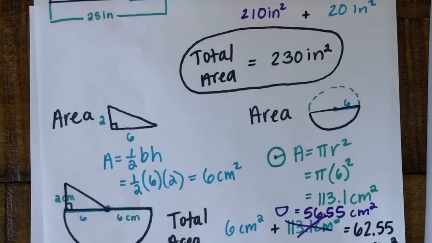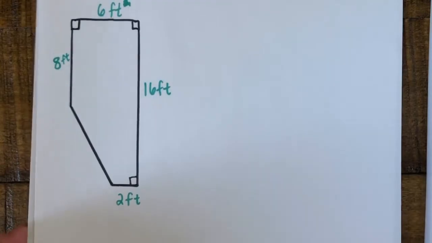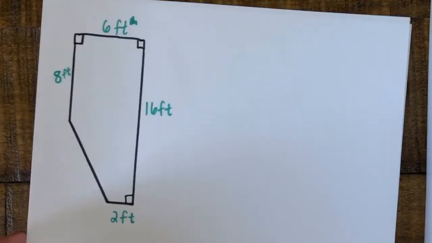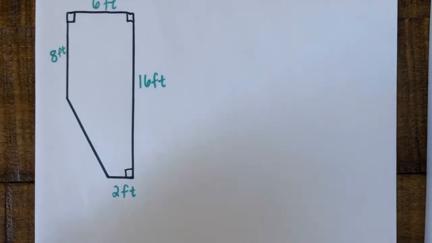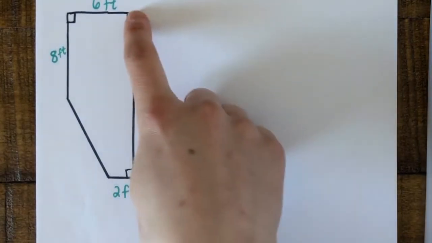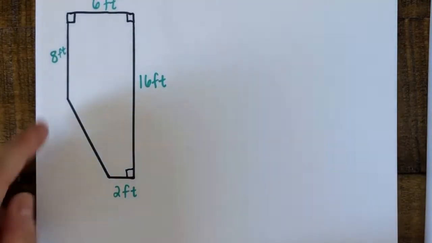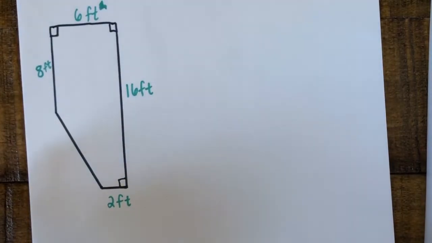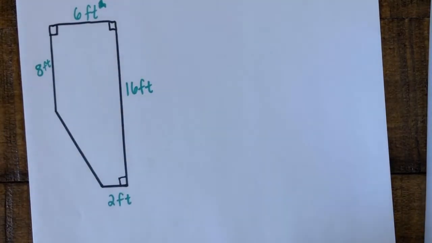All right, one more. In our last problem we have here, I've got a pretty funky looking shape. It's kind of like the first one. There appears to be a rectangular end to this, and there is this slanted line, which makes me think of a triangle, but the piece left over after I make a rectangle is not a triangle, but I'm going to do that anyway.